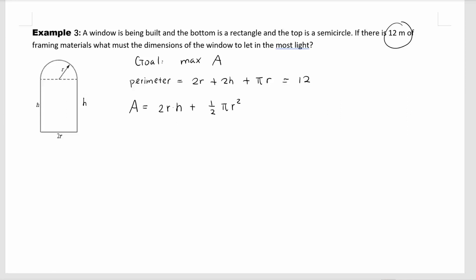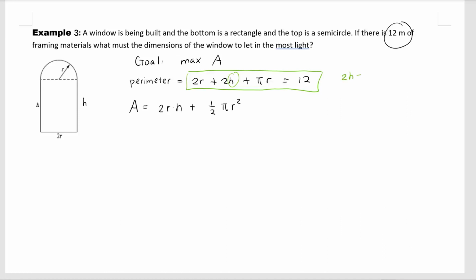Well, this is a function of two variables, r and h. We need a function of one variable, so we need to eliminate one of them. So how do we do that? Use this information. We either express h in terms of r or express r in terms of h. I think expressing h in terms of r is easier because we have only one h, but we have two r there. So what is h?